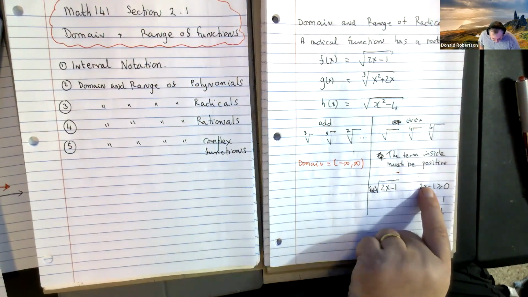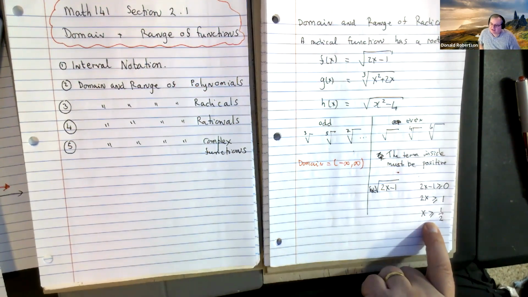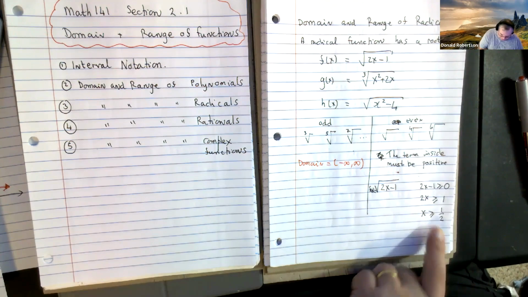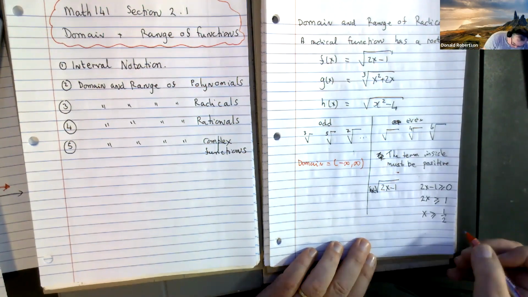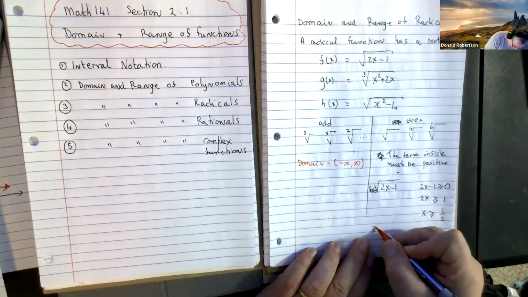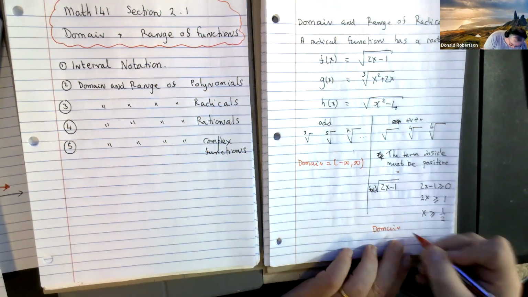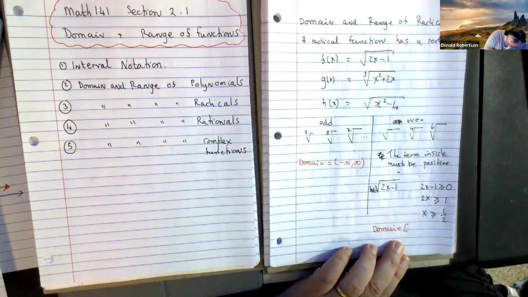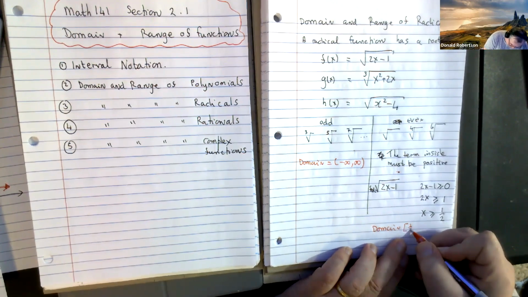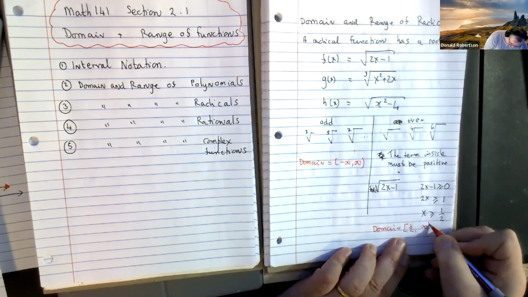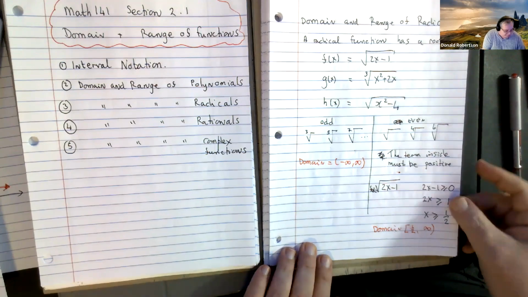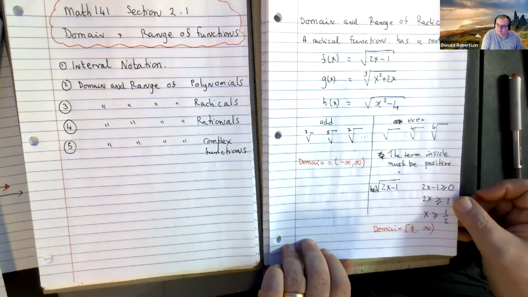So this is only going to be true when x is greater than or equal to, I should say, one half. So the domain is going to be 1/2 or bigger. That makes sense?